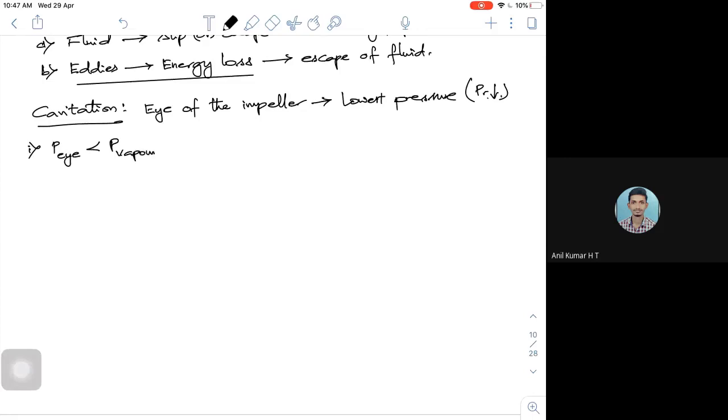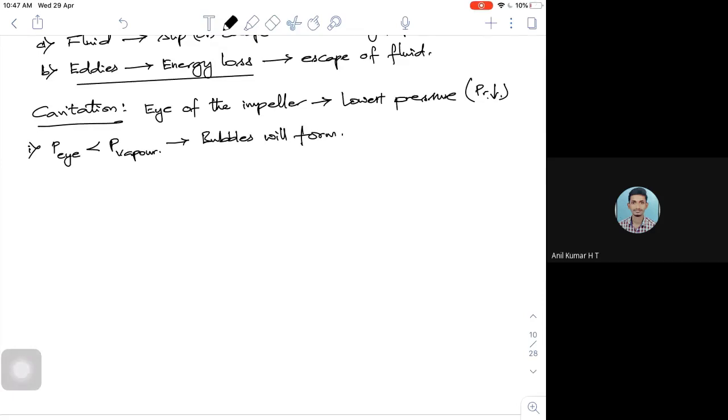What is vapor pressure? Vapor pressure is the pressure at which the fluid will start changing its phase from liquid to vapor. So at the eye of the impeller, if the pressure falls below the vapor pressure, what will happen? Bubbles will form. That's the first thing.